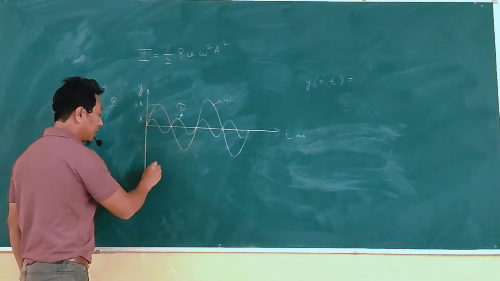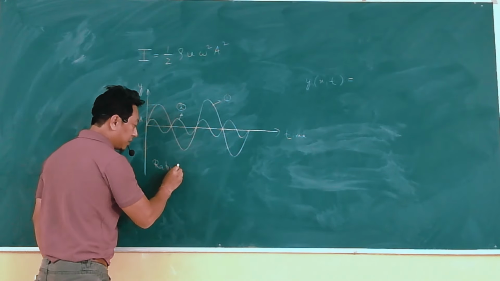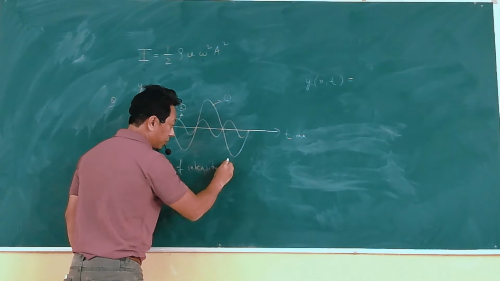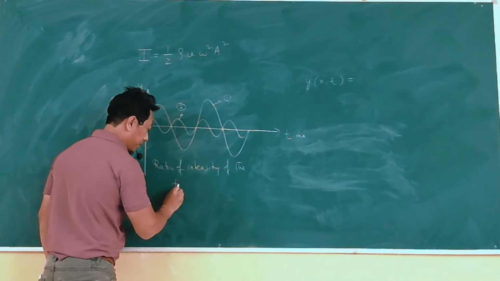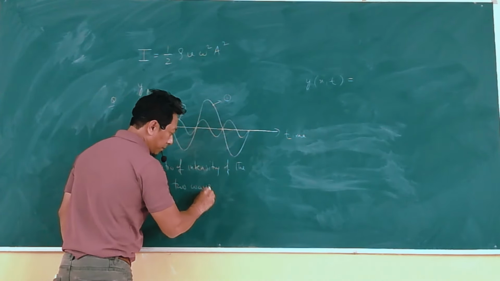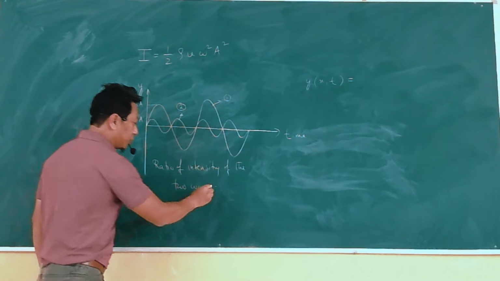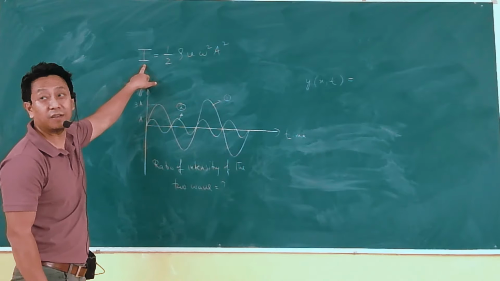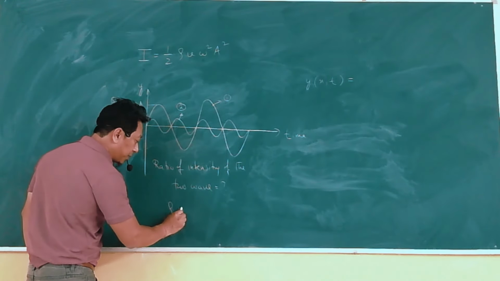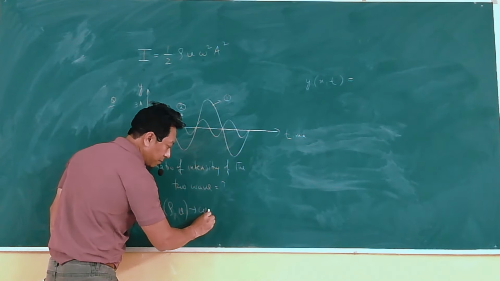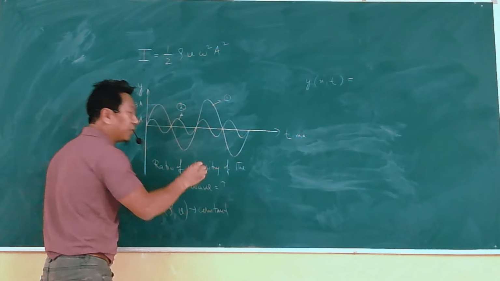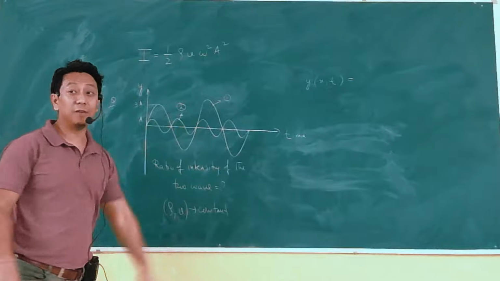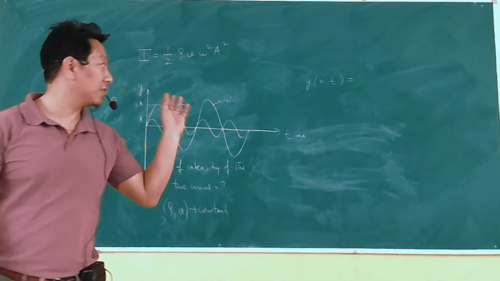You have to find the ratio of intensity of the two waves. You have to take density and speed as constant, meaning imagine both the waves are traveling in the same medium, so density and speed will be the same. Okay, try once.